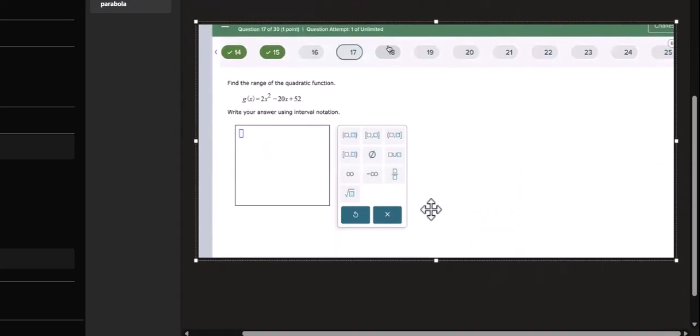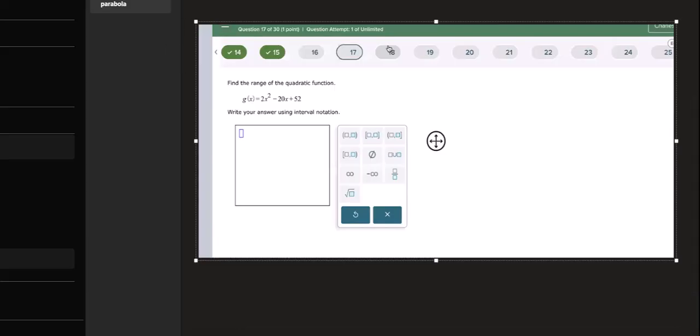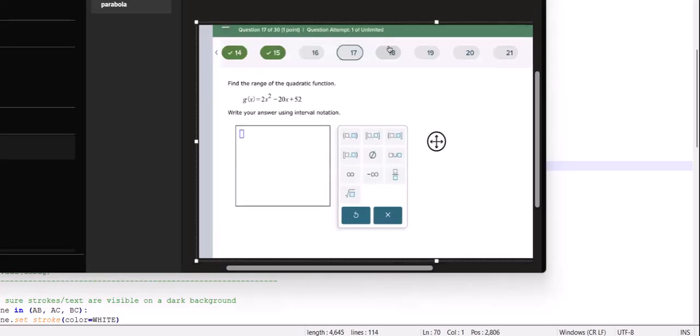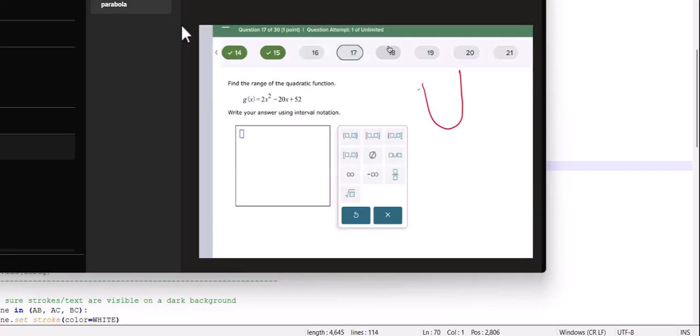Find the range of the quadratic function. First thing we notice is that this is a parabola that opens up because it's positive. And so our range is going to go from some point to infinity. So that's opens up.